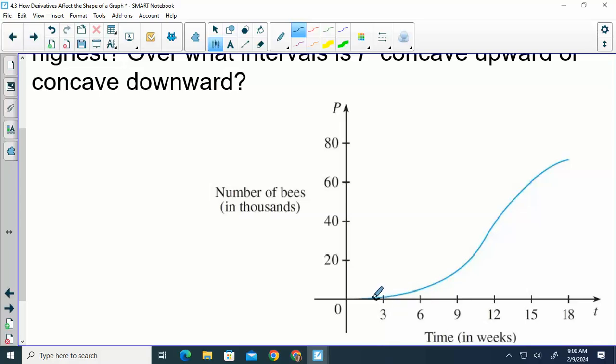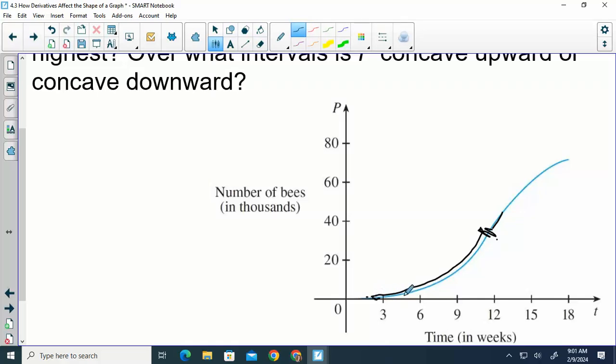It starts out, this section is concave up. Would you guys agree with that? And then somewhere in the middle we switch, and then what happens? It's curving downward. So what that's telling us is, at the beginning, was it increasing more at the beginning or the end? Where was this increasing the fastest?